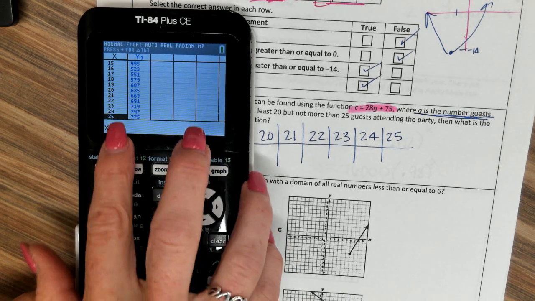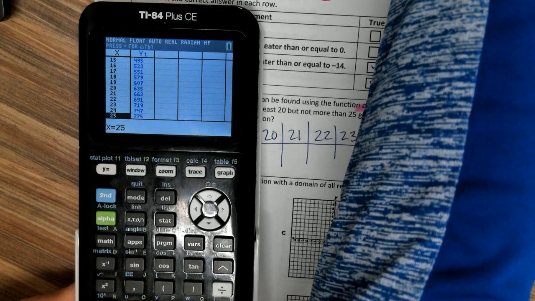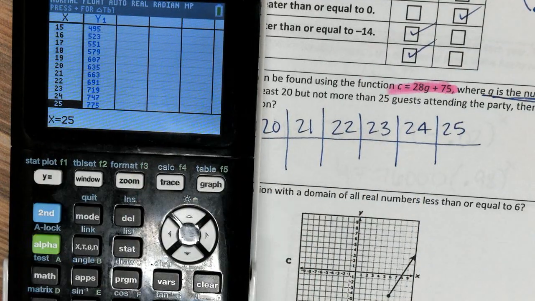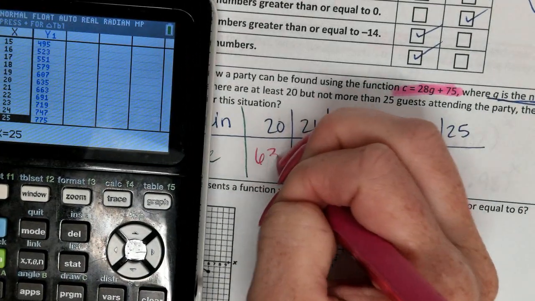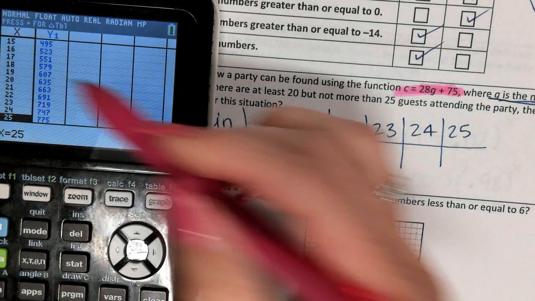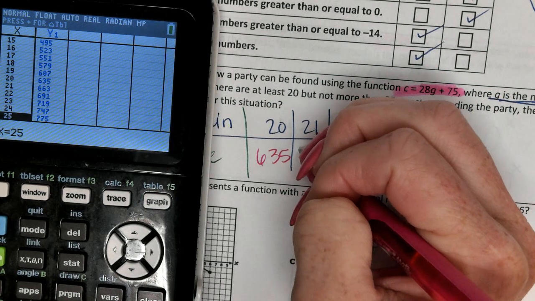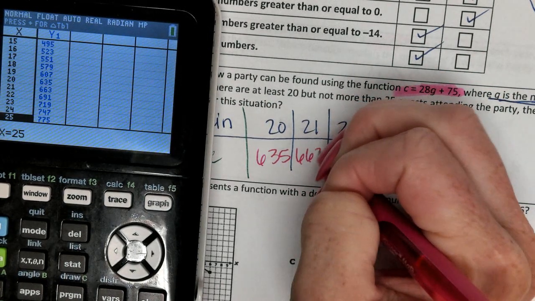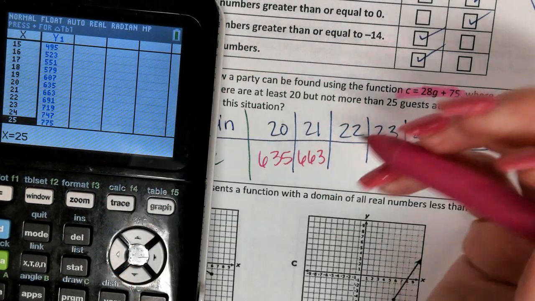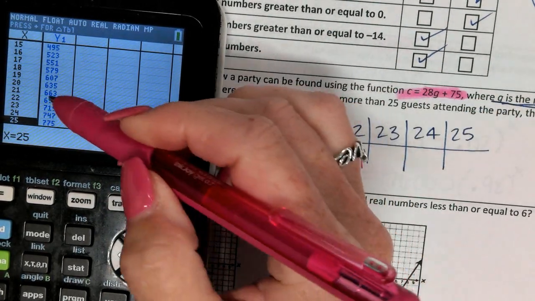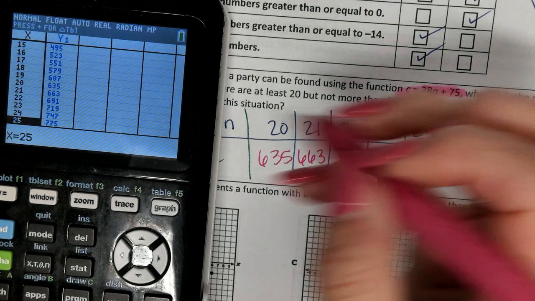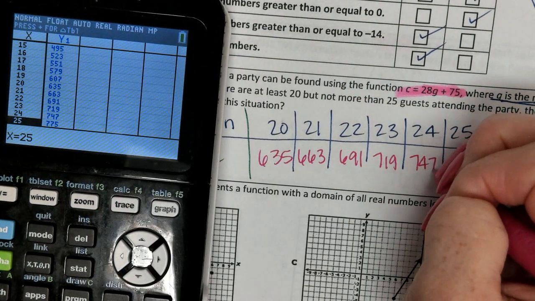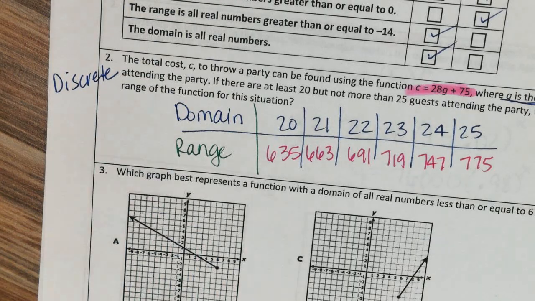Okay, when x is 20, what is y? 635. When x is 21, y is 663. When x is 22, 691, 719, 747, and 775.